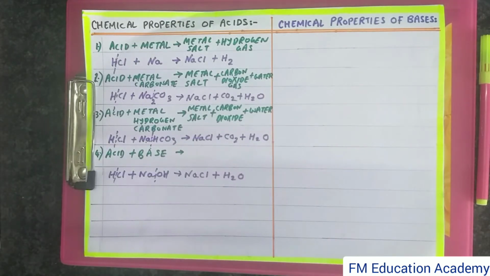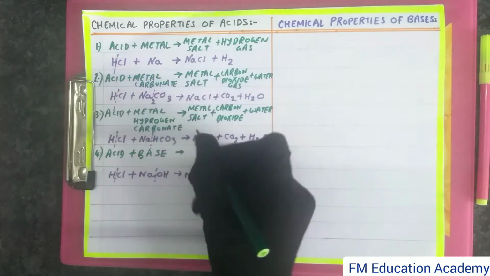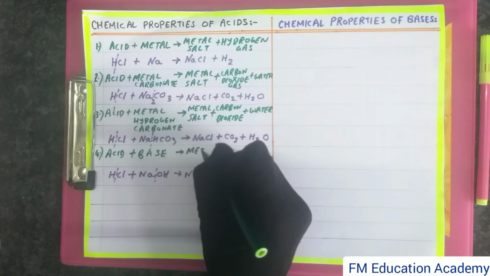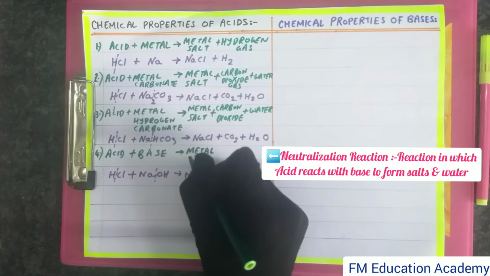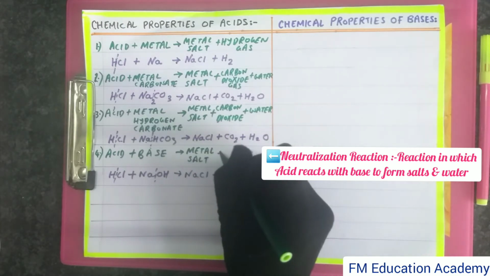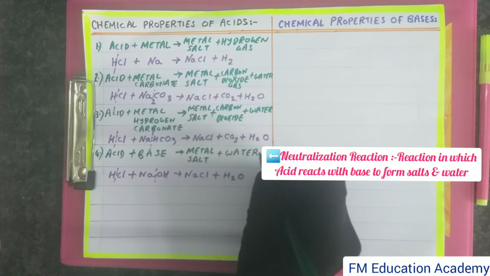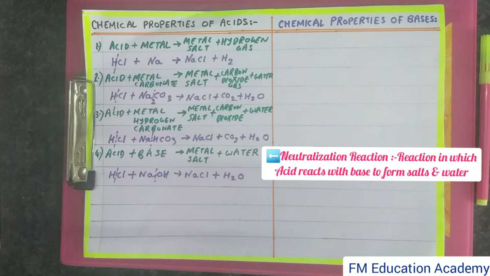We know sodium chloride is a salt of metal. So acid plus base gives rise to metal salt plus water. These chemical properties will remain the same if you take any acid and any base.